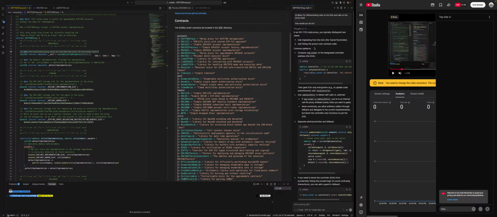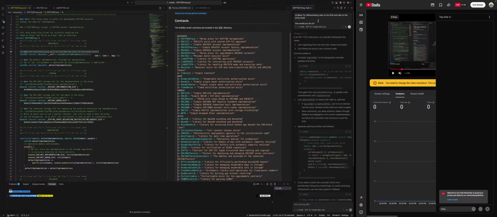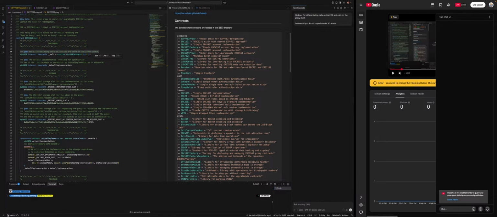Okay, EOAs have the user who initialized the transaction, and the message sender is kept.